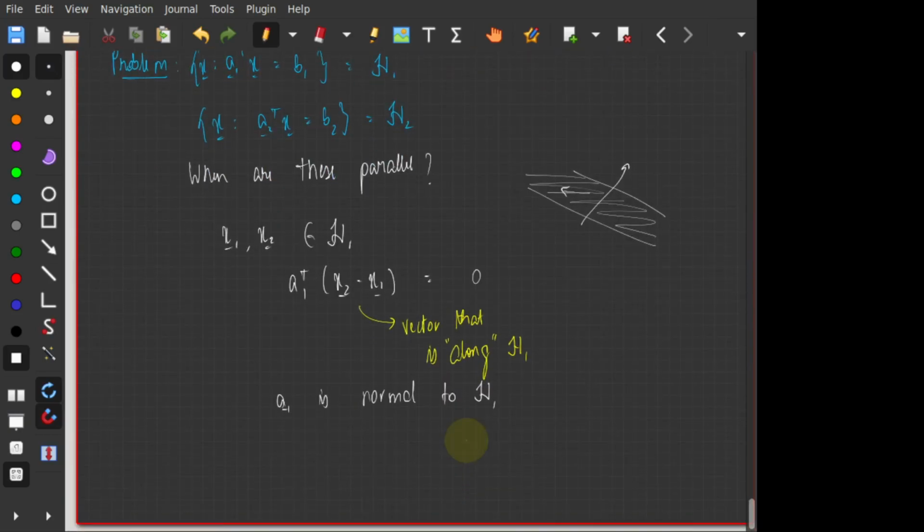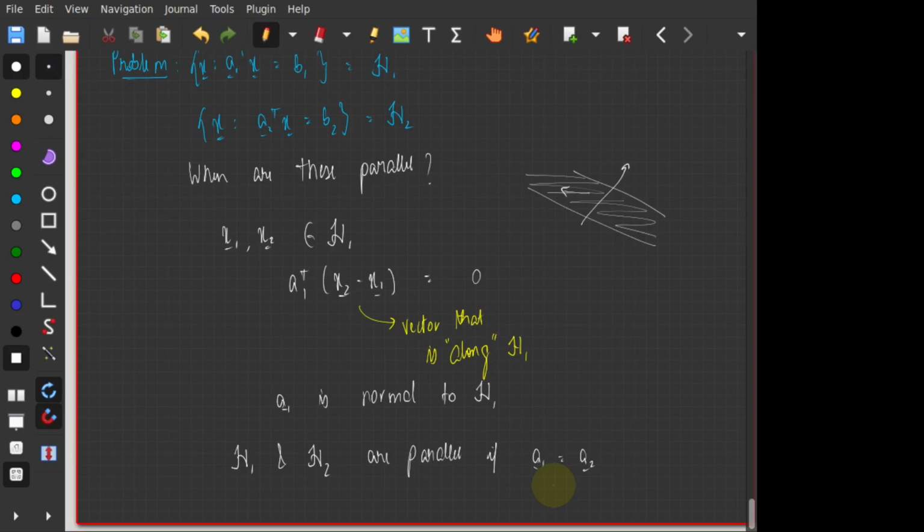And if two hyperplanes are parallel to each other, then it must mean that both of them have the same normal. Okay, that's good.